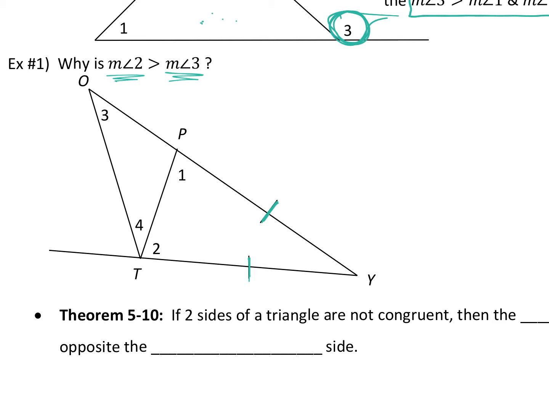Anyone want to take a crack at it? Okay, can anyone tell me anything about any of these angles? John? Is 3 and 4 added together congruent to 1? We can say the measure of angle 1 will equal the measure of angle 3 plus the measure of angle 4.